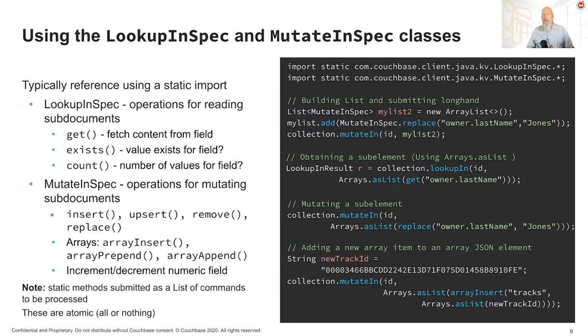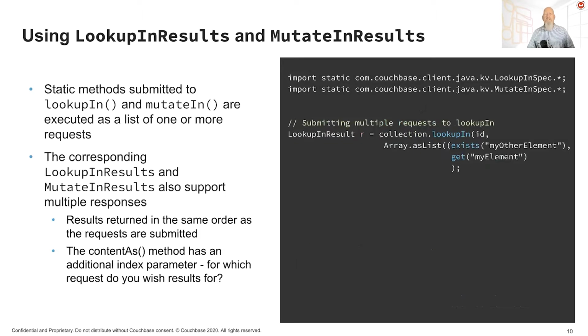Okay, let's take a look at the results that come back. Just like we can perform operations as an array of operations on the document using mutate in or lookup in, we also can process the results as an array. The order that the commands come in is the order that the values will be returned.